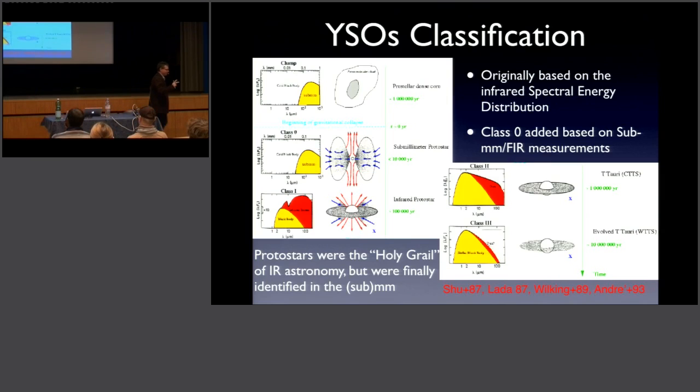Let's not stick to the specifics of the names. The point here is that the system is dominated by the disk, and the accretion onto the central star in this phase is dominated by disk accretion and not directly from the envelope, as in the earlier case. This is the phase that starts to become observable in the infrared.